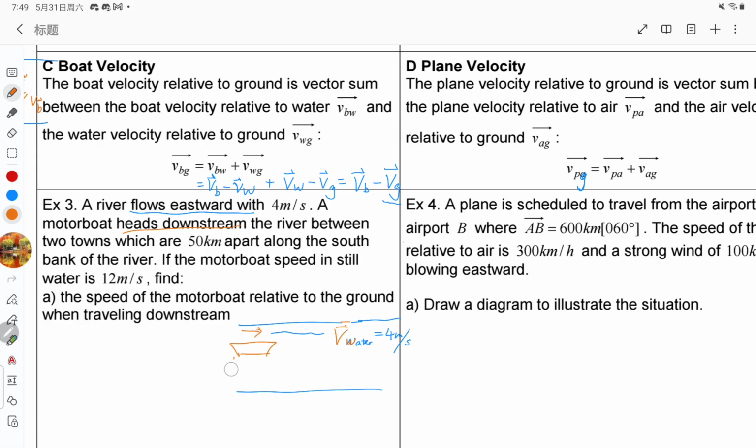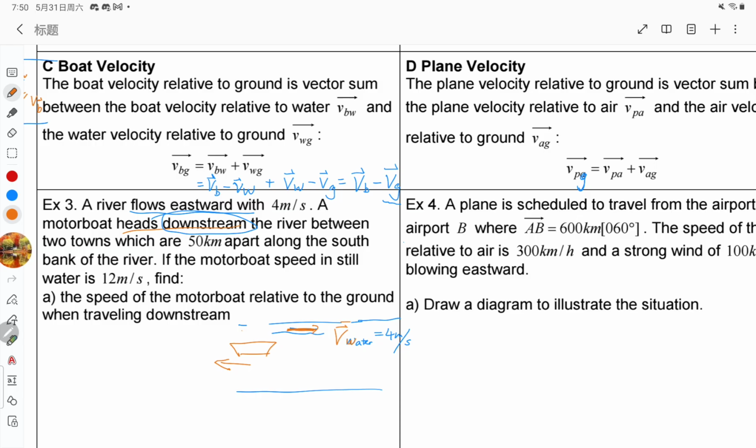Wait, downstream. Maybe this is going down here. Maybe this is what downstream means. If you have a different understanding, just let me know, right? But what I understand is that the river flows towards the east. If the river is flowing in this direction, then downstream would be the opposite direction.